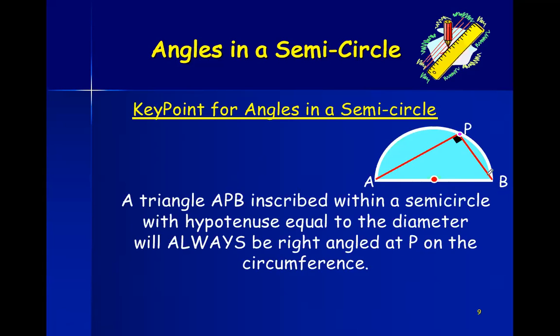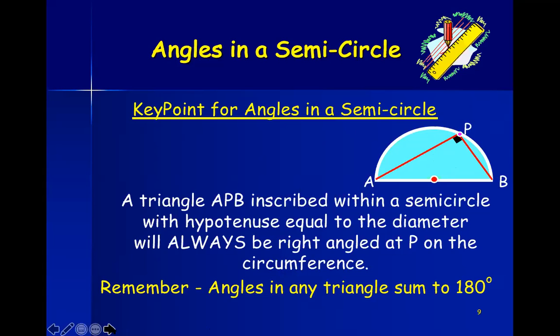And in order to use Pythagoras, we needed to have a right angle triangle. So guess what? Wherever we move that point P, it's always going to give us a right angle triangle. So now what we can say is a triangle within a semicircle always has a right angle. Then that means we could use Pythagoras, if it's built like this, with the hypotenuse being your diameter.